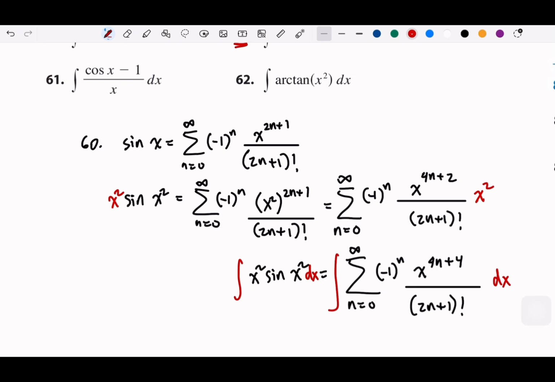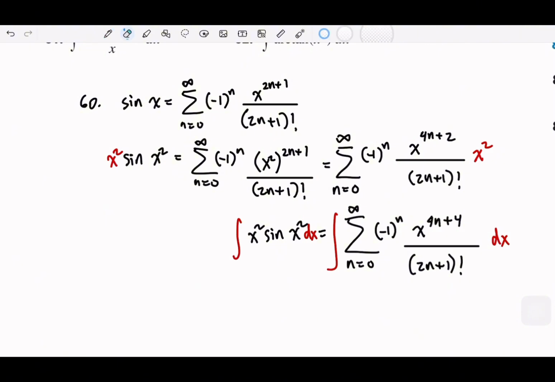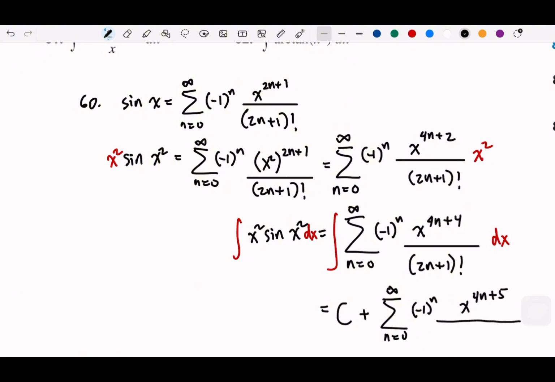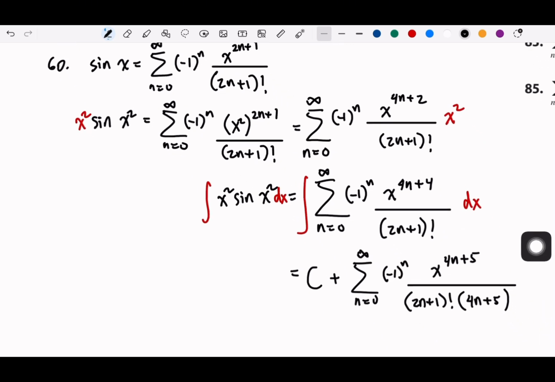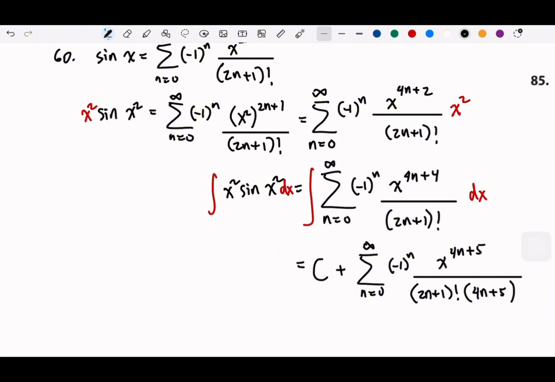So this will result in, and don't forget you have a constant to add for the result of the integrations. So plus this will be sum, and this is the infinite series for these integrations.